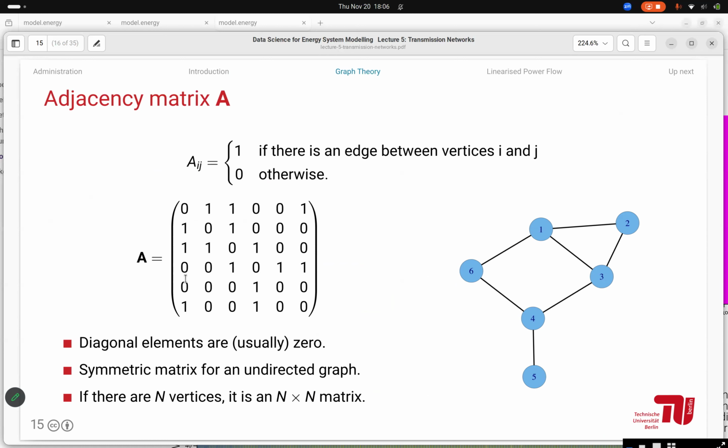So i and j would be nodes in the graph, and you would have a value of 1 if there's a connection from 1 to 2. So 1 to 2 as well as 2 to 1, you have a value of 1 because we have no sense of direction here. So it's typically a symmetric matrix for any graph that is not directed. This would be a matrix of number of nodes by number of nodes.